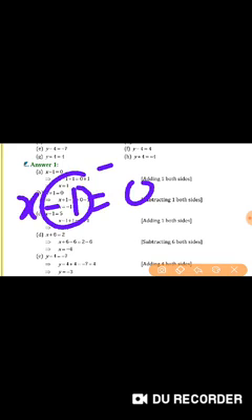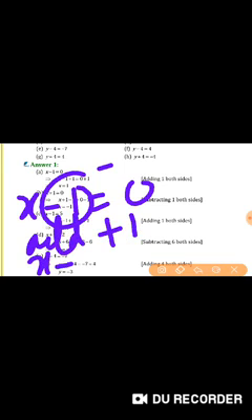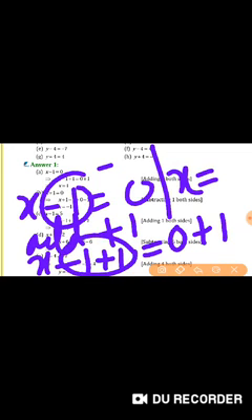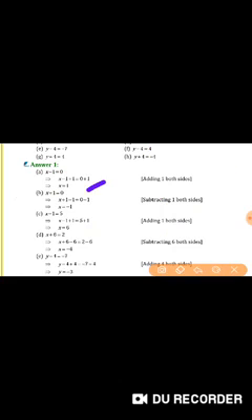It is the reverse process. So add which number? 1, to both sides. Minus 1 plus 1 becomes 0. x is equal to 0 plus 1, which is 1. So x is equal to 1. This is how you have to do it.